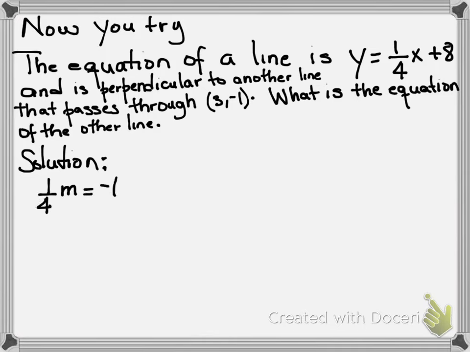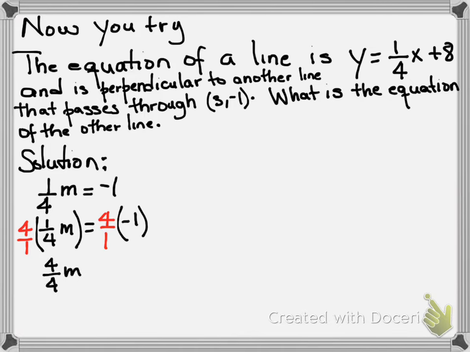We know the current slope we have is 1/4. The other slope has to multiply 1/4 to equal -1. Hence, the multiplicative inverse of 1/4 is 4/1. We multiply both sides of the equation, every term really, by 4/1, and we obtain 4/4 equals -4/1.